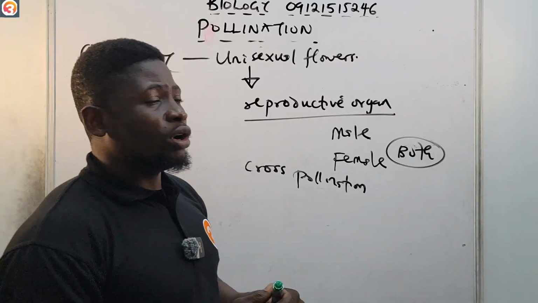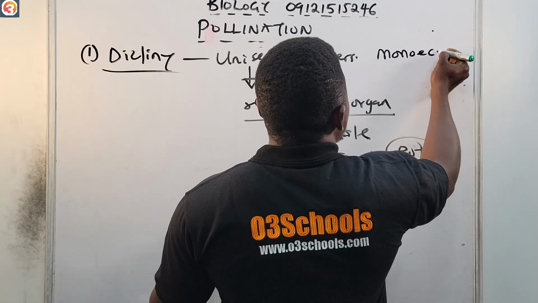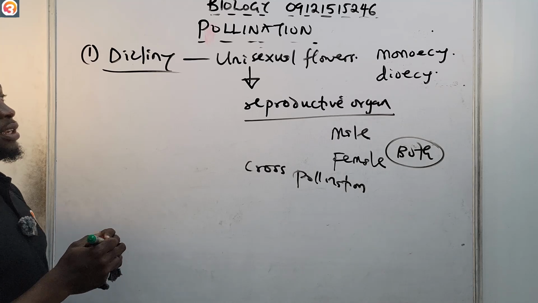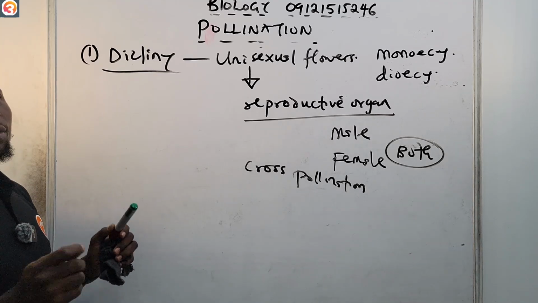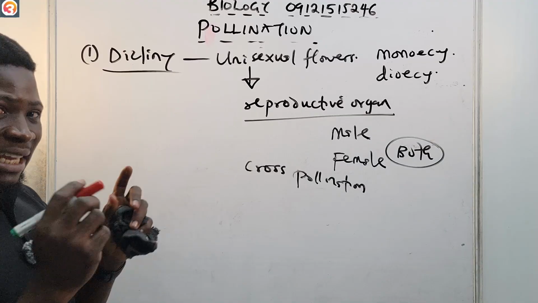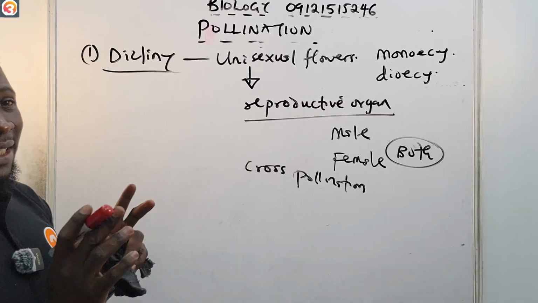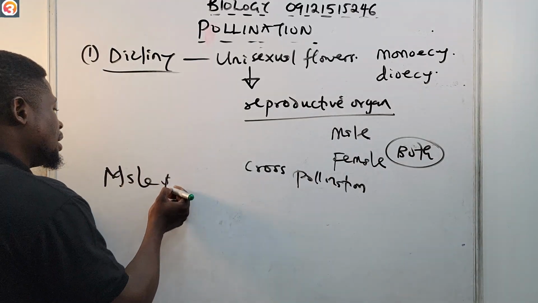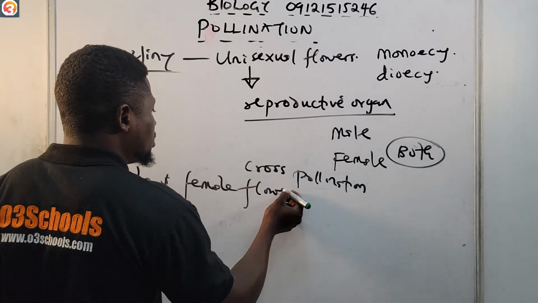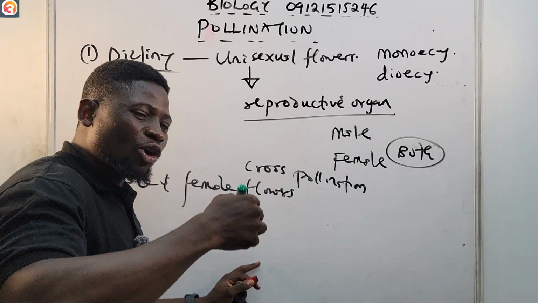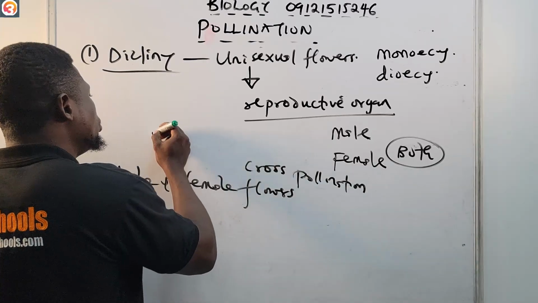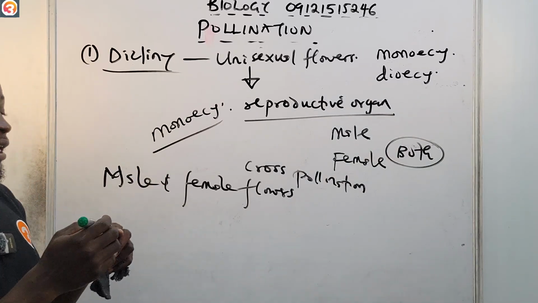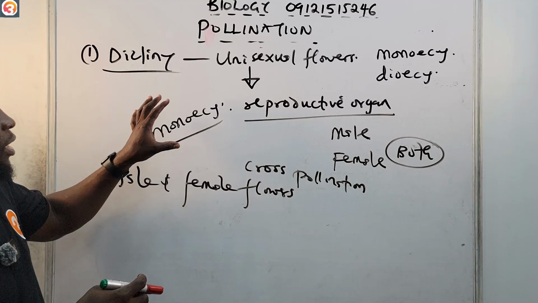And there are two types. Diclin</br>y is of two types, monoecy and dioecy. Now, when the male and female flowers are separate, but they are present on the same plant, that's what we call monoecy.